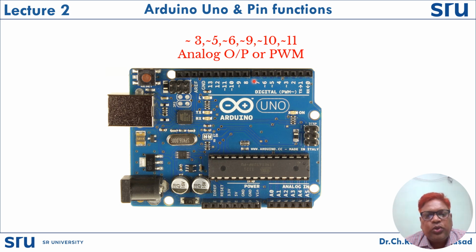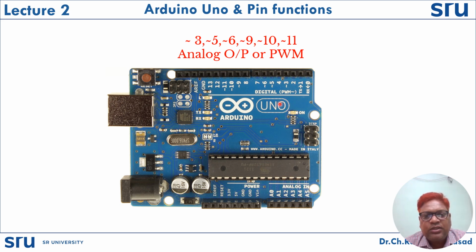These analog outputs are of 8-bit resolution. That means the ATmega328P microcontroller has an 8-bit digital to analog converter. Whatever the digital information, the 8-bit information is converted into analog voltages.